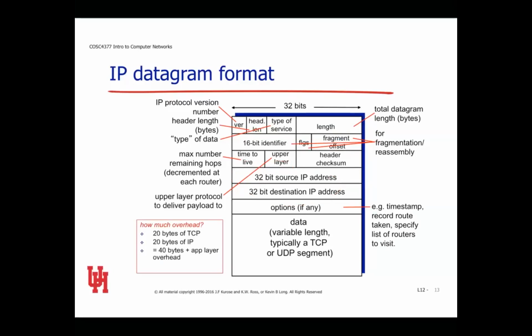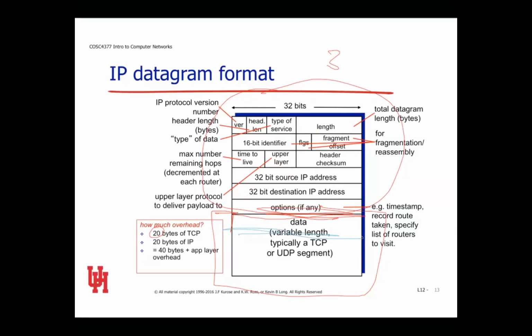This is significantly more complicated, say, than the UDP header that we looked at. It's kind of on par with the TCP header. So there's 20 bytes of TCP that are buried in the payload. And that's going to be the first part of our payload because this is at layer 3. And so everything we carry in our payload is all the layers above us.